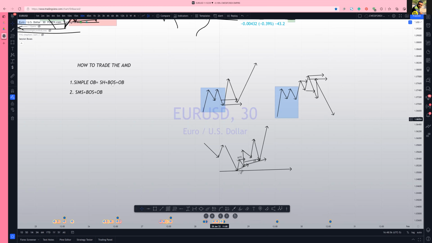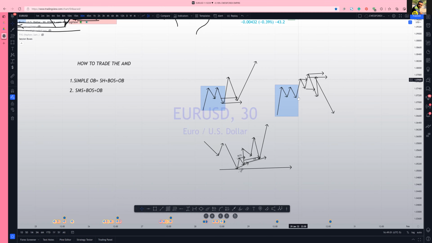Then we have the stop hunt, break of structure plus order block. We have price breaking this high, equal highs over here.